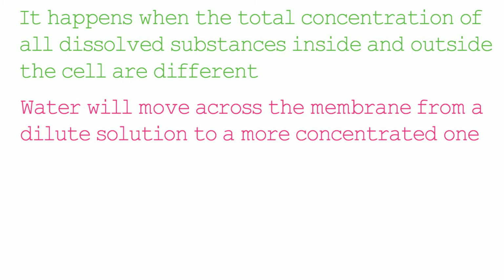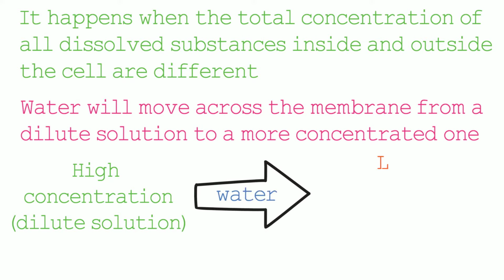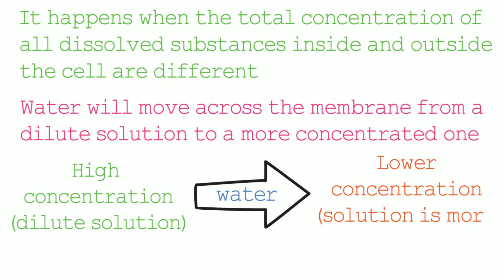Osmosis still follows the concentration rule from diffusion. The water moves from a place where it is in a high concentration, hence the dilute solution, to where there is a lower concentration of water, which is going to be a more concentrated solution. With the dilute solution and the more concentrated solution, think of it in terms of squash.